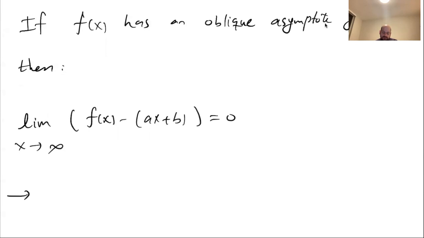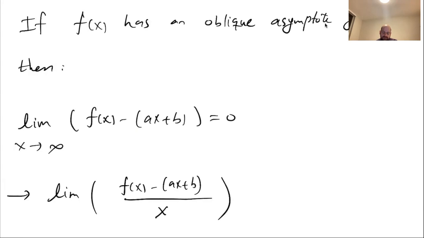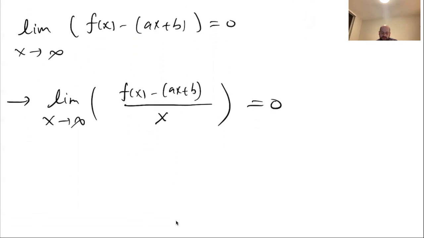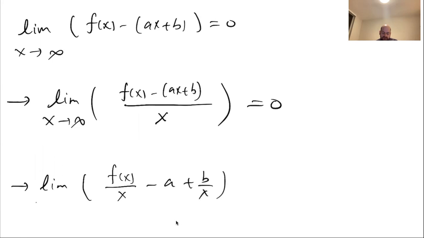What can I conclude from this? Therefore the limit of (f of x minus (ax plus b)) divided by x as x goes to infinity will also be 0, because the numerator goes to 0, the denominator goes to infinity, and 0 over infinity is 0. So that means the limit of f of x over x minus a minus b over x as x goes to infinity will be 0.